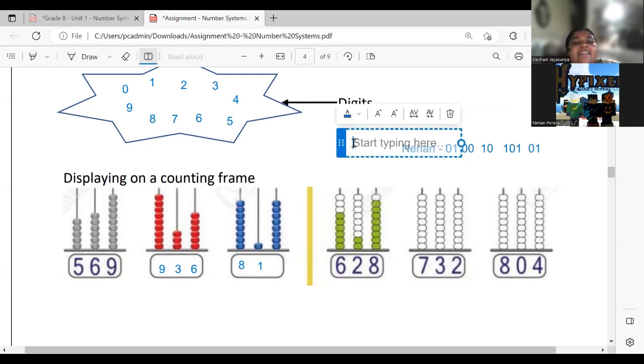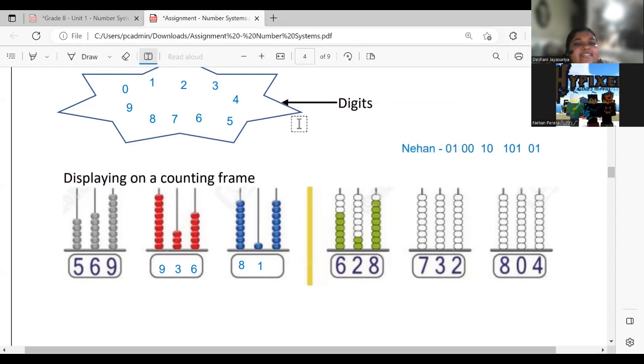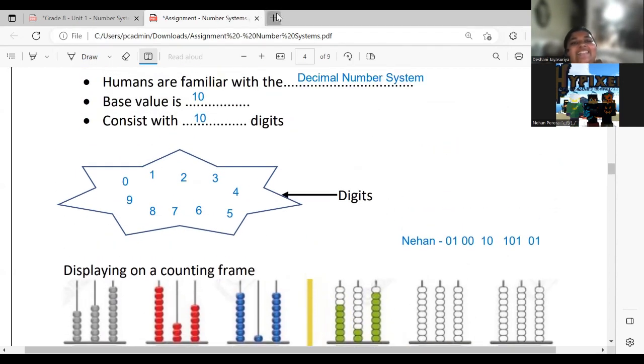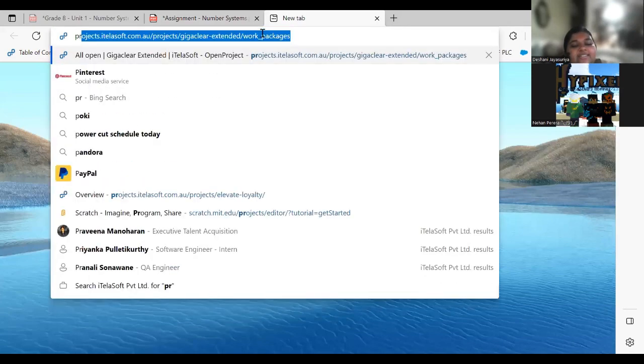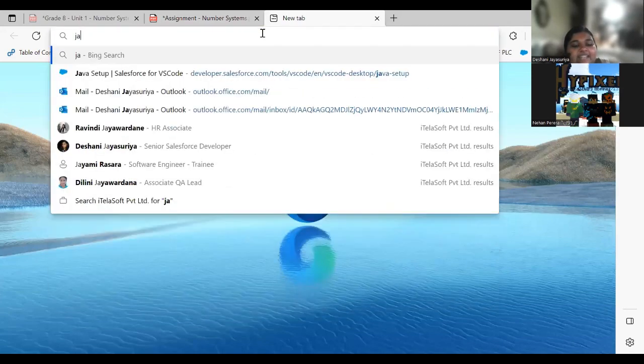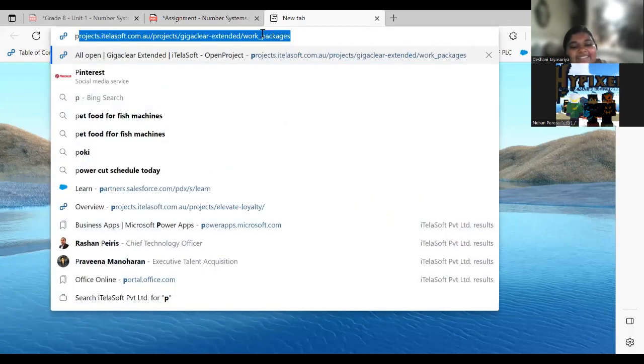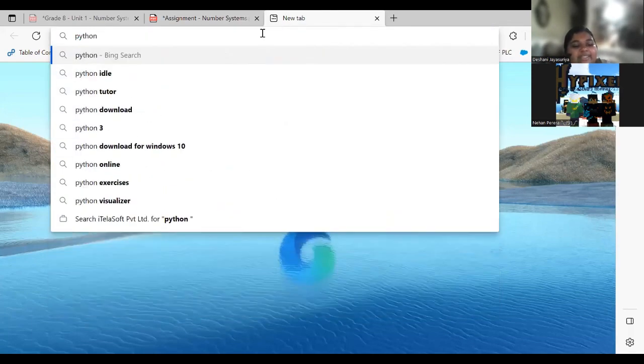Teacher, how are programming languages coded? Yes, coded in the sense, if you see Java, or Python. So Python code, you can always search.